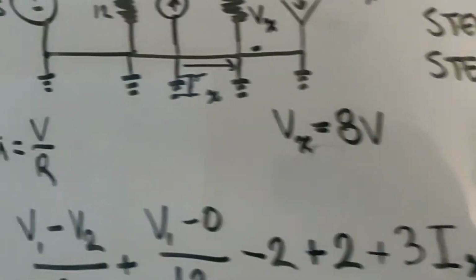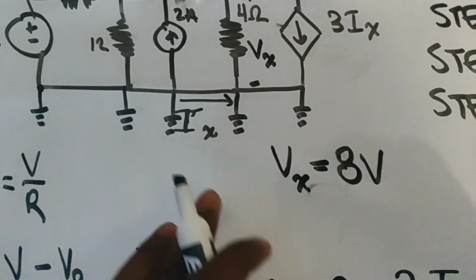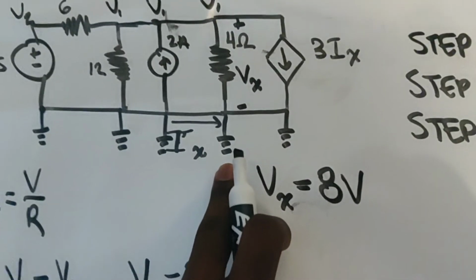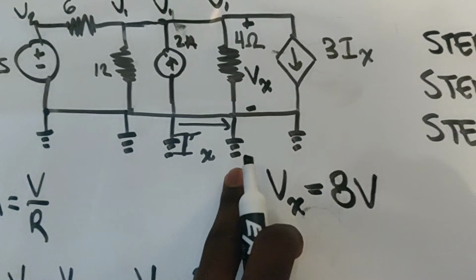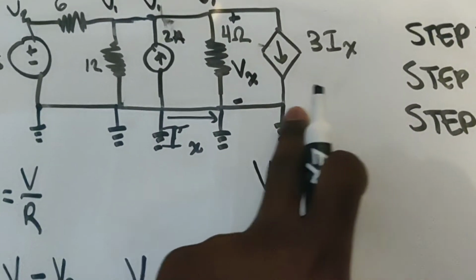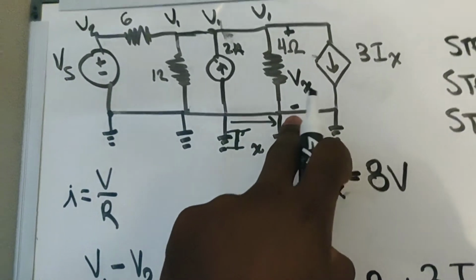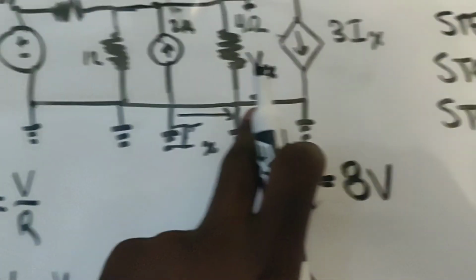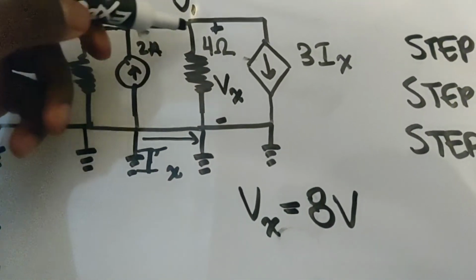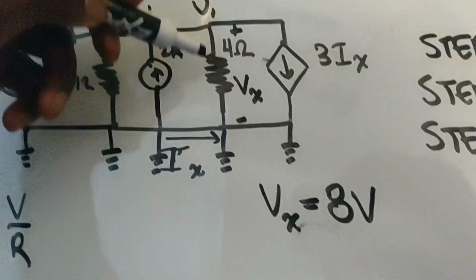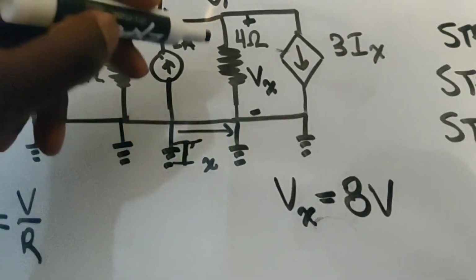If you notice here, Ix is flowing into this node right here. And 3Ix is flowing directly into here as well. And if you also pay attention to the passive sign convention, we're going to have a current from this greater potential flowing down to this lesser potential here.